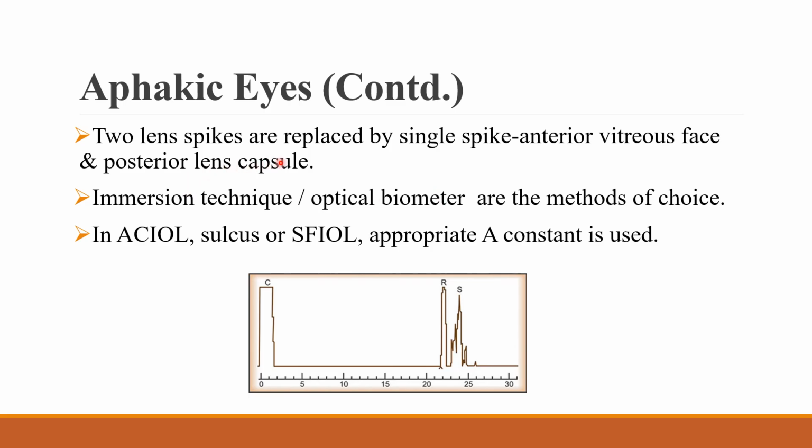In the aphakic eye, two lens spikes are replaced by a single spike from the anterior vitreous face and posterior lens capsule. Immersion technique and optical biometer are the methods of choice. In anterior chamber intraocular lens or sulcus fixation IOL, an appropriate A constant is used.